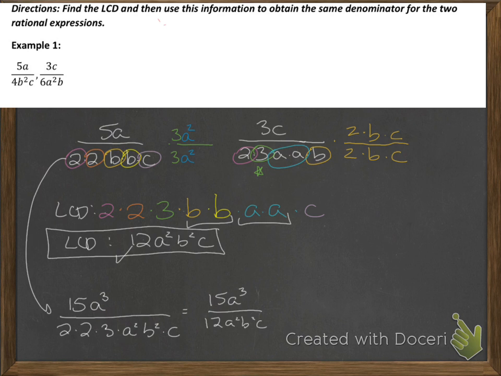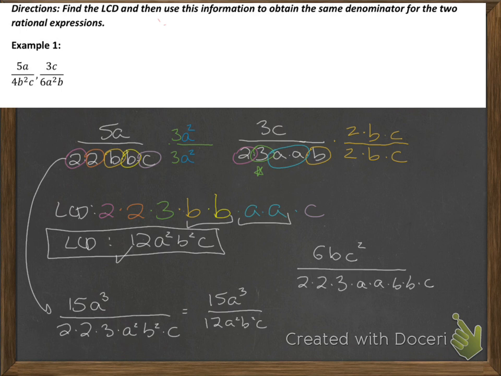Let's make sure that we did this one right as well. So we're going to multiply the numerator. We have 3 times 2, which is 6. Then we have 1b, and then we have c times c, which is c squared. Then in the bottom, we have 2 times 2 times 3 times a times b times b times c.